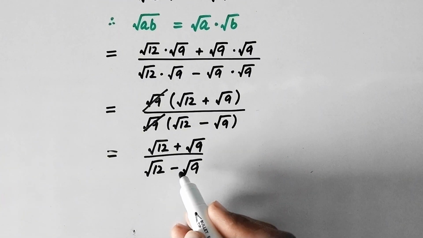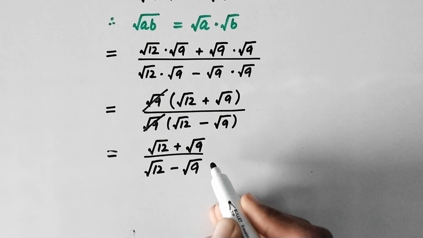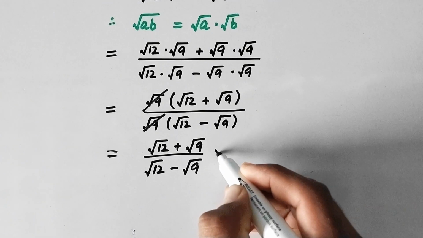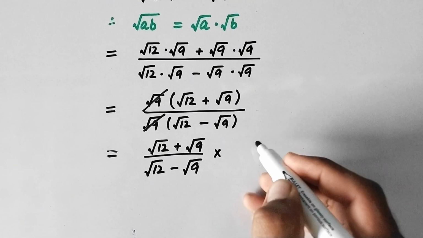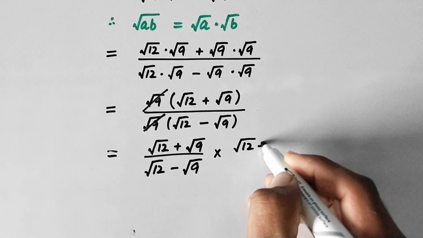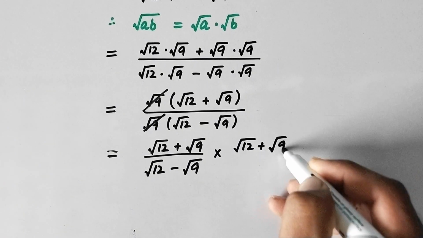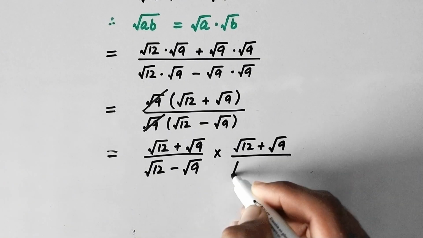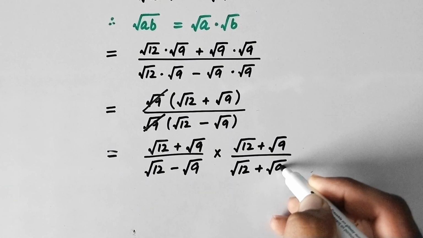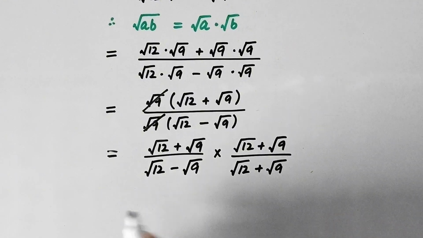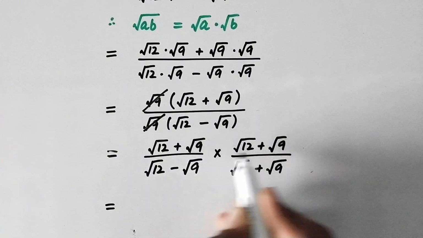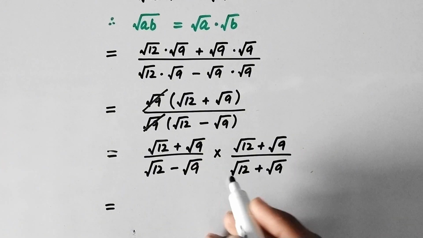And now what we will do next is we will further solve it by rationalization. So here we will multiply it with a fraction, that is square root of 12 plus square root of 9 divided by square root of 12 plus square root of 9. So now here we will get a plus b whole square in the numerator, as both values are the same.